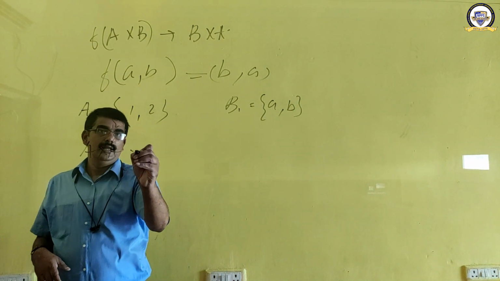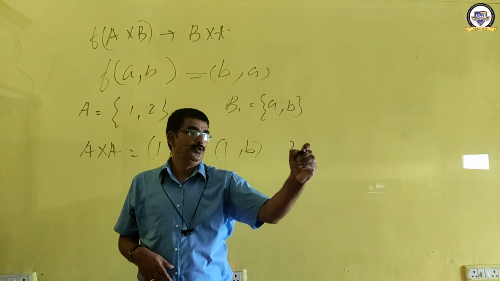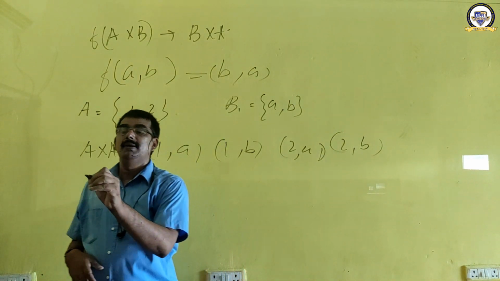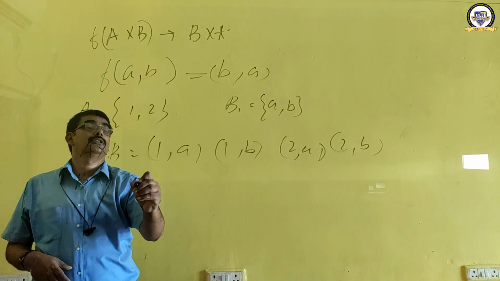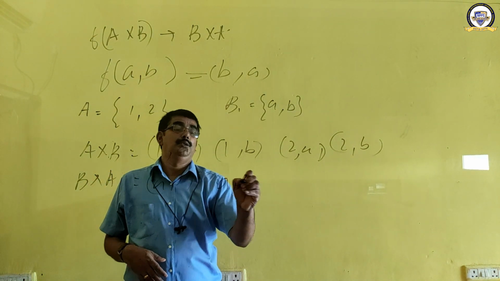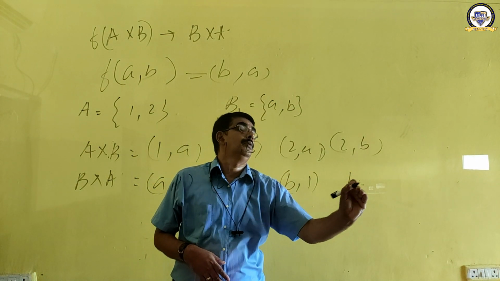A cross B, that is (1, a), (1, b), (2, a), (2, b). Then B cross A: (a, 1), (a, 2), (b, 1), (b, 2).